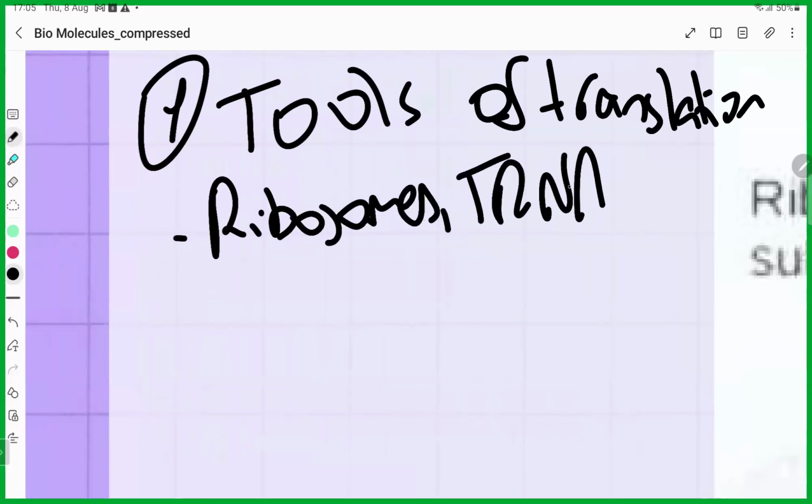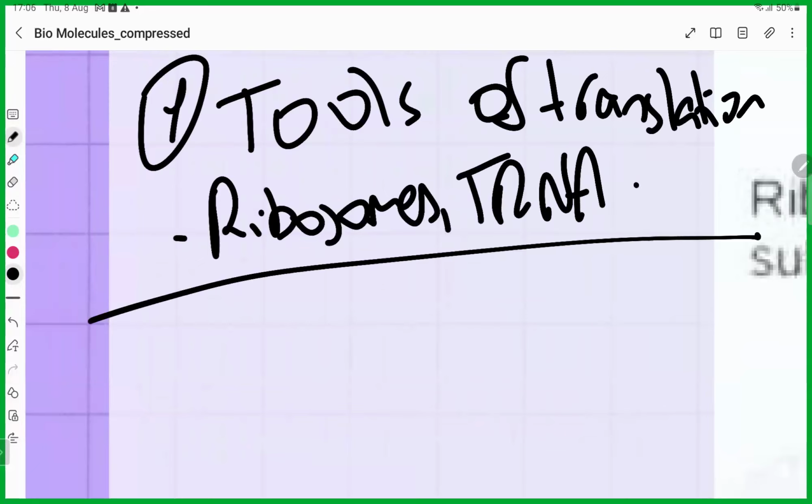What happens in the process? The mRNA comes in here with its sequence, and then a tRNA sequence pairs opposite the mRNA, depending on the nitrogenous bases inside the mRNA.